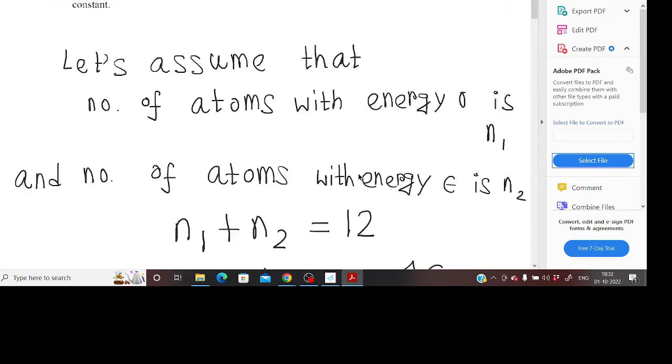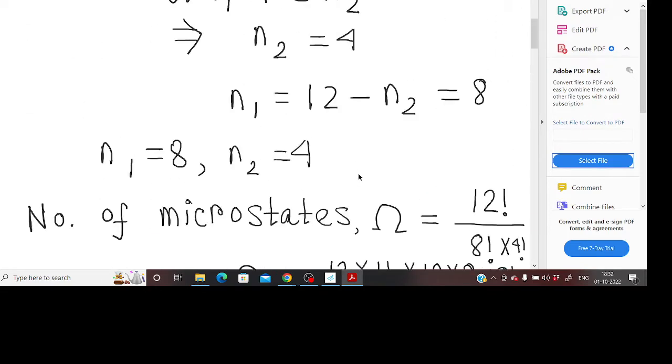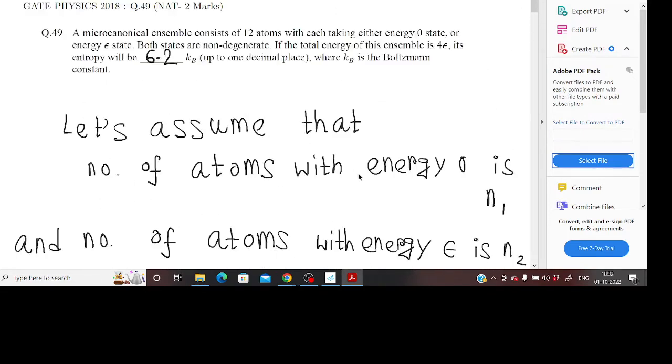So there are 12 atoms. These 12 atoms can be arranged in 12 factorial number of ways, right? And among these 12 atoms, there are 4 atoms which are in the level with energy epsilon, and the rest 8 atoms are in the level with energy 0.